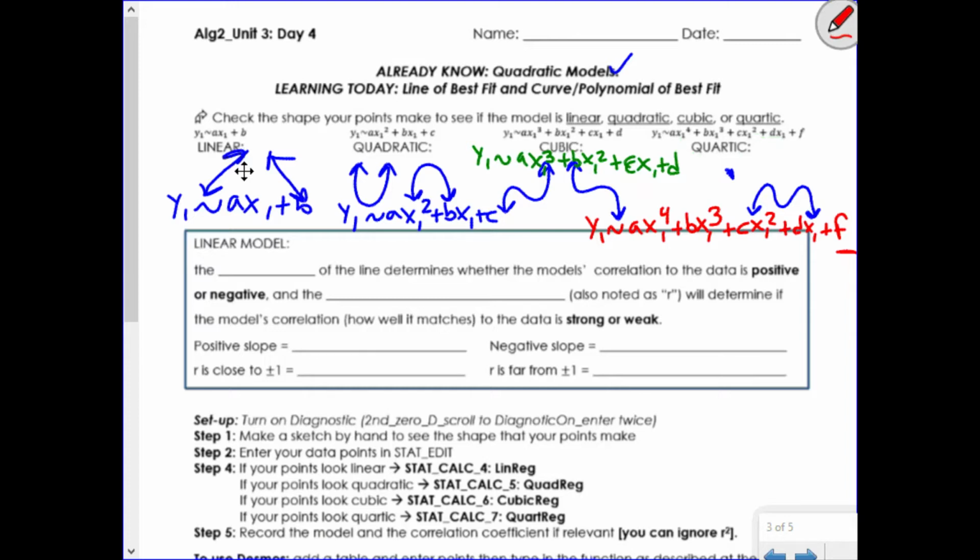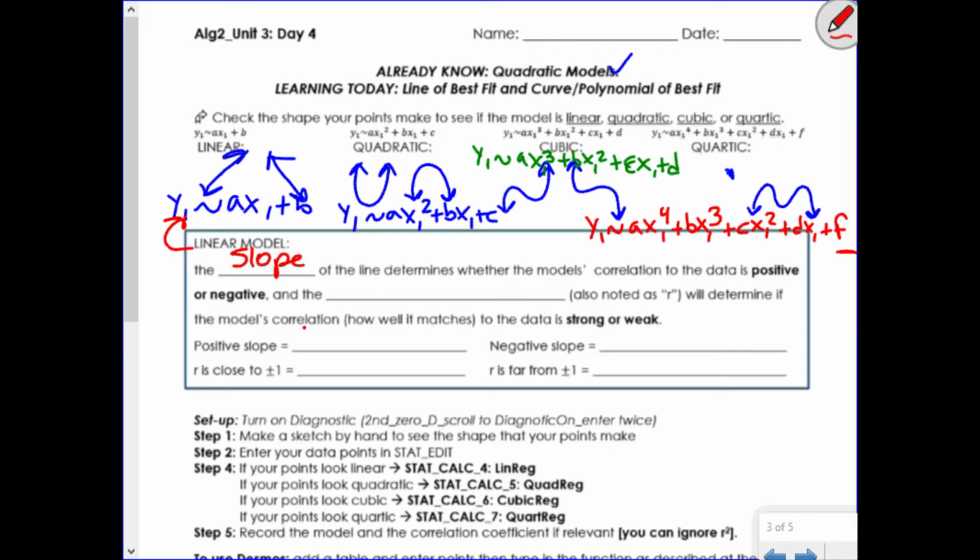Now, a special note, the linear model. Everything we're about to talk about for the next few minutes only applies if it's linear, any other type is not going to apply. The slope of the line is going to tell you whether the model's correlation to the points that you're matching up with is either positive or negative. So they match, it's pretty straightforward.